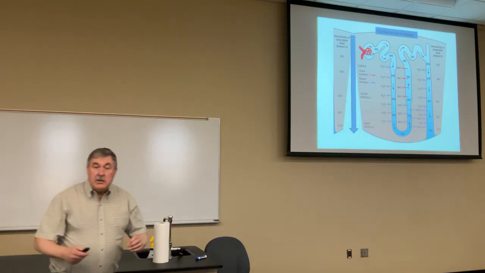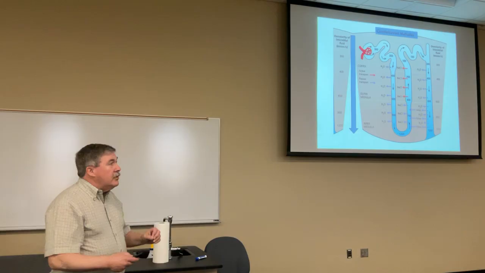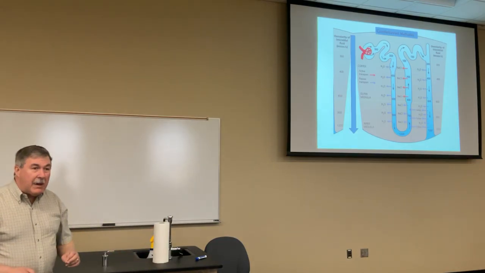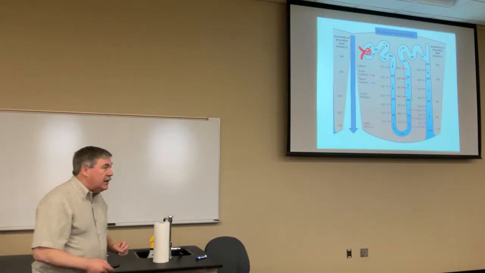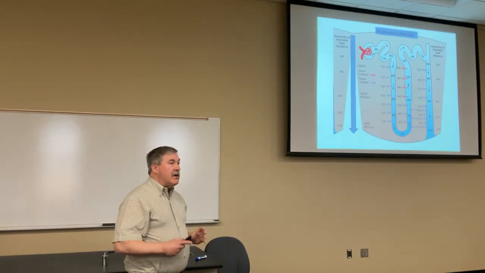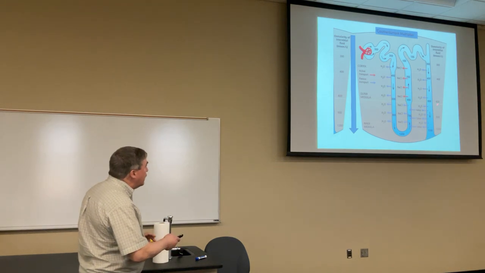To see how this works, we need to start first with what happens in the ascending limb. That's not where the filtrate goes through first, but to really understand how this works, we need to start there.